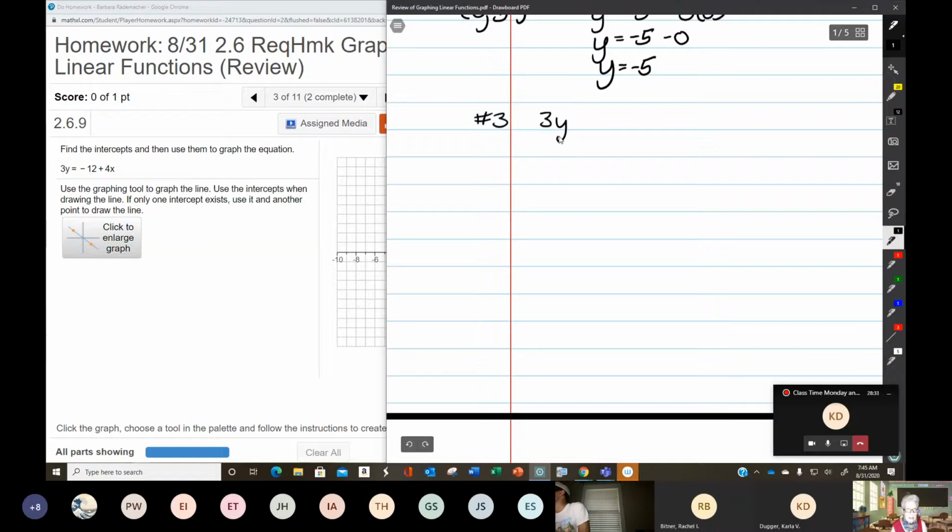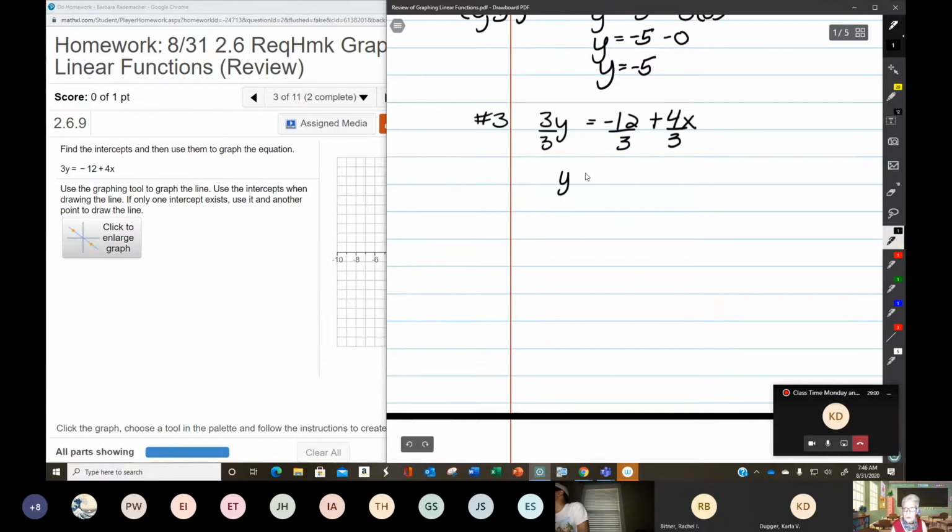3y equals -12 plus 4x. Now what I'm about to do isn't necessary, but I have this kind of OCD part of my personality. Most math teachers do, and when we see something that's in improper form, we kind of go crazy.